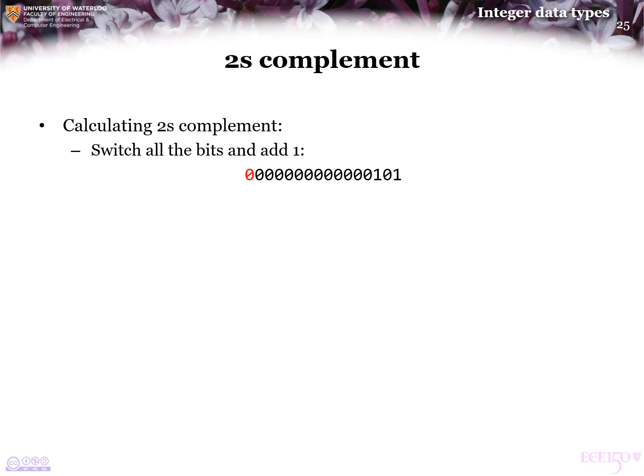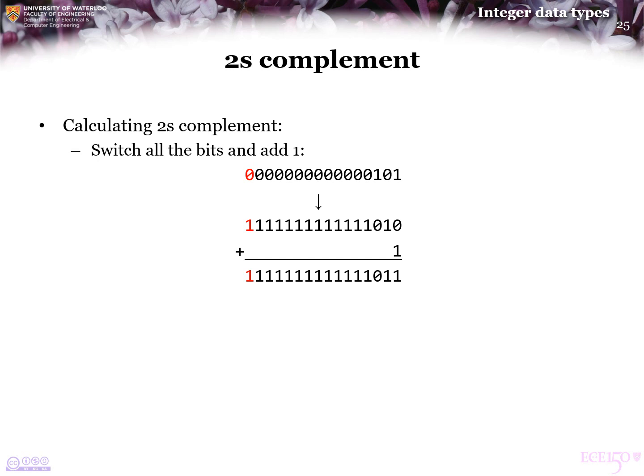Here we have 5 as a positive short. What we will do is flip all the bits, so change every 0 into a 1 and every 1 into a 0, and add 1 to this number. Well, this gives us this value here, so this would be the representation of negative 5.